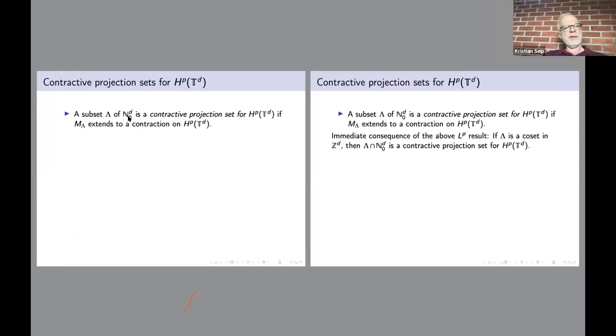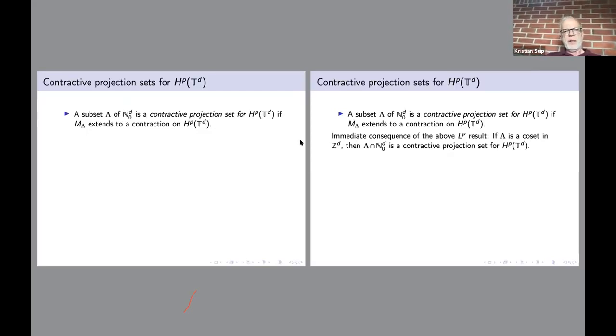This is what Helson in his work refers to as the narrow cone, and somehow what we're doing gives some kind of justification for that terminology of Helson. So this part of the integer lattice with entries that are non-negative, I will refer to as the narrow cone. A subset Lambda of this narrow cone is a contractive projection set for Hp if P_Lambda extends to a contraction on Hp.